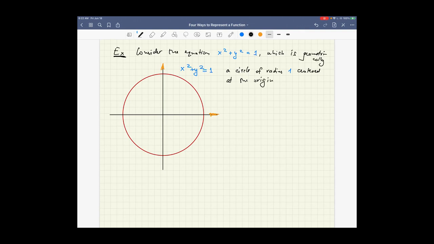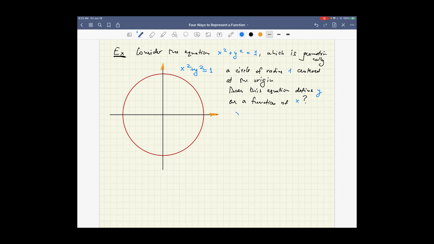But does this equation define y as a function of x? The easiest way to answer this question is to actually start solving for y.